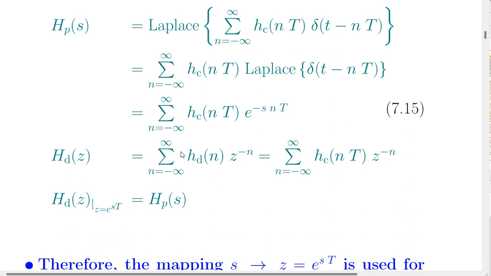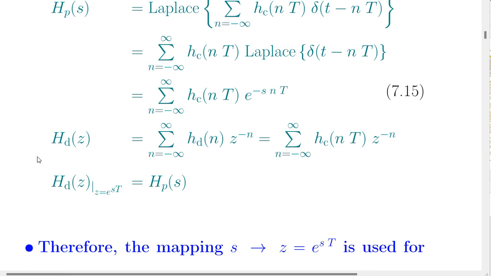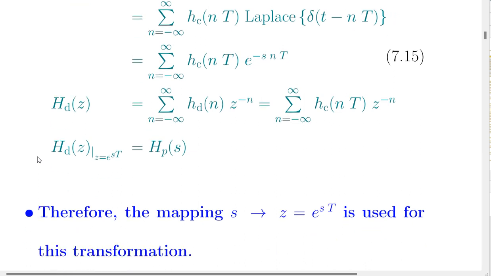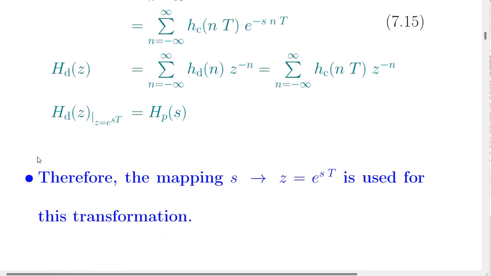So it shows that H_d(z) is equal to H_p(s) when z is equal to e to the power of s T_s. So you've got a mapping here. Write it down and notice what's the problem with it. We are going to sort it out.